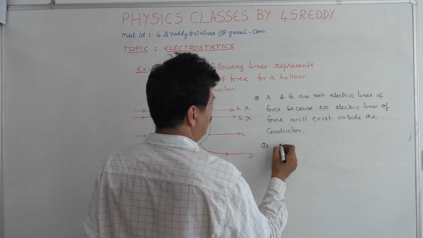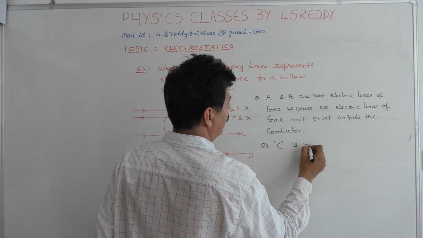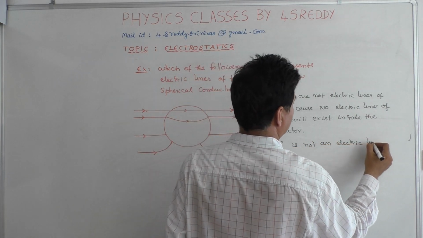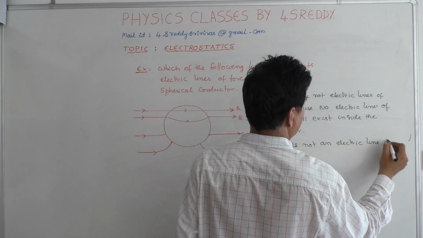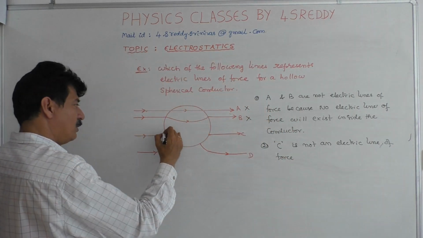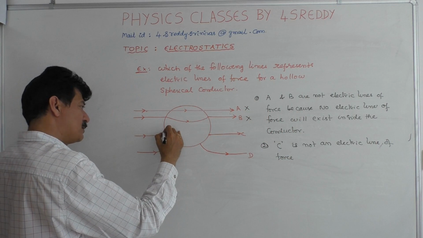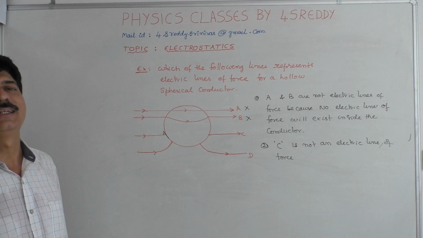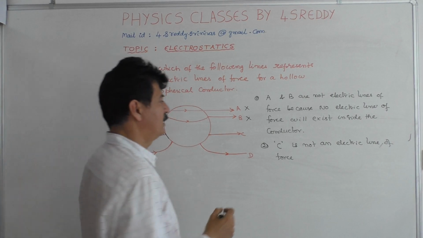Now C is not an electric line of force, because if you draw the tangent at this point, this angle is other than 90 degrees.